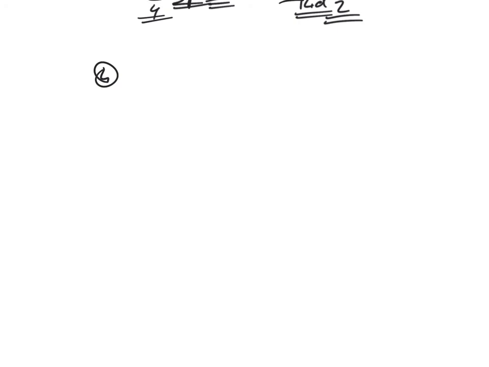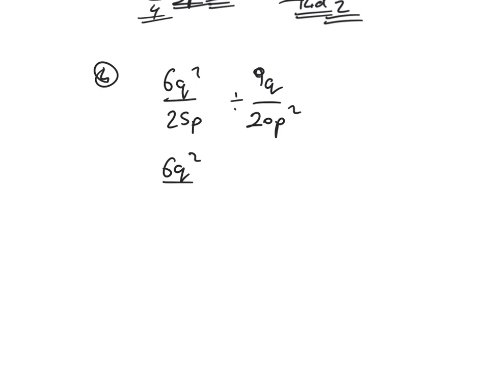Example 4. Let's go for 6q squared over 25p divided by 9q over 20p squared. Okay, follow the routine. 6q squared over 25p. Change the divide to a multiply, flip the second fraction upside down.